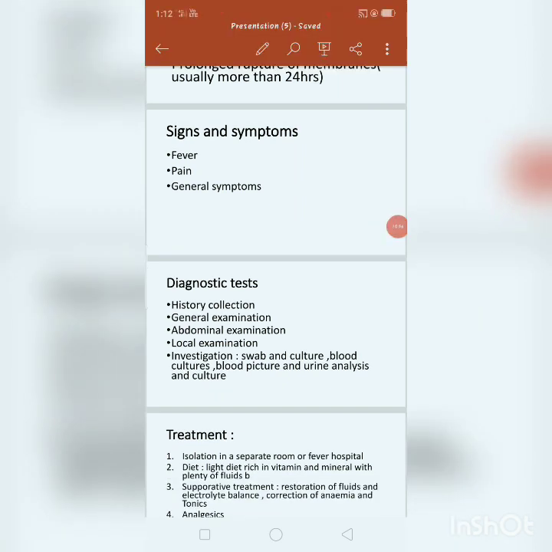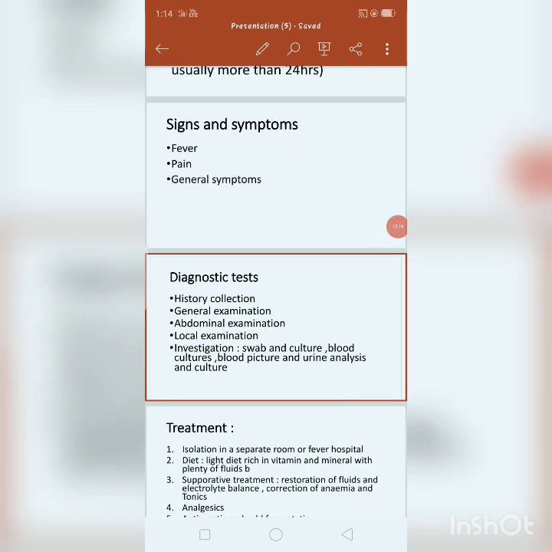Next is the diagnostic evaluation. First, history collection. We have to collect the history from the family side or patient side: pre-existing infection before delivery, such as chest or urinary tract infection, symptoms of infection elsewhere like cough, breast pain or sore throat, and complicated delivery like instrumental or prolonged delivery.